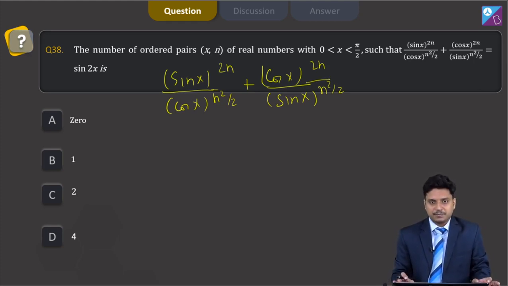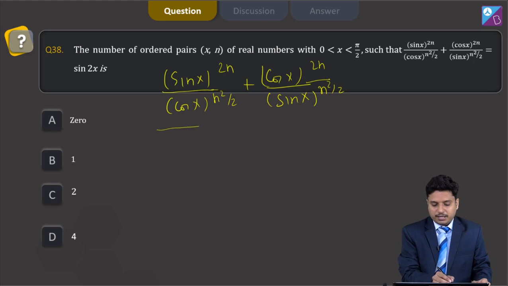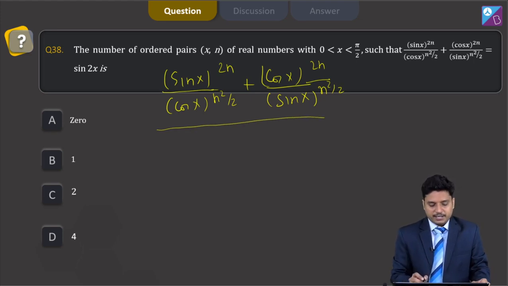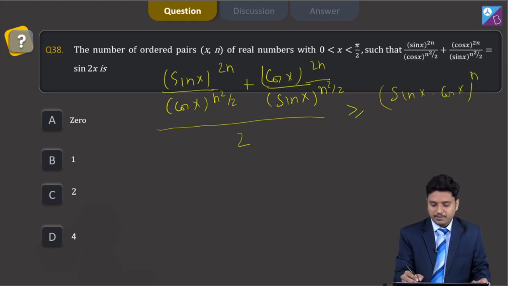That is why we are simply applying AM-GM, because it can be applied to only positive quantities. So these two quantities are there and their AM can be written like this, and for GM on the right hand side it will be sin x into cos x raised to power n minus n square by 4.